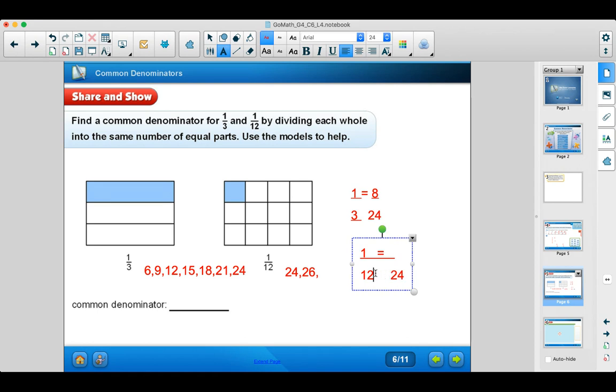So 12 times 2 is 24. So 1 times 2 equals 2. So 1/3 is equivalent to 8/24. 1/12 is equivalent to 2/24. So the common denominator here is 24.